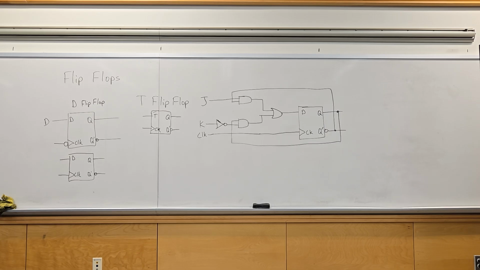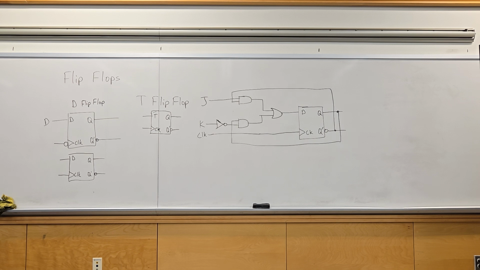Let me see the state diagram here. When J and K are both 0, there's no change. When J is 0 and K is 1, it's a reset. When J is 1 and K is 0, it's a set where the Q is 1. And when J and K are both 1, it behaves like a T flip-flop. It complements the previous state.